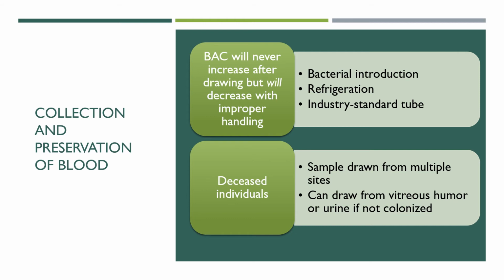Urine, same thing. You're going to excrete byproducts of alcohol in your urine and some alcohol directly. So you can detect some of it that way. You can only reliably do that, though, if these sites have not been really colonized with bacteria. Remember, after a person dies, their bacteria kind of has free reign to start to grow and take over.